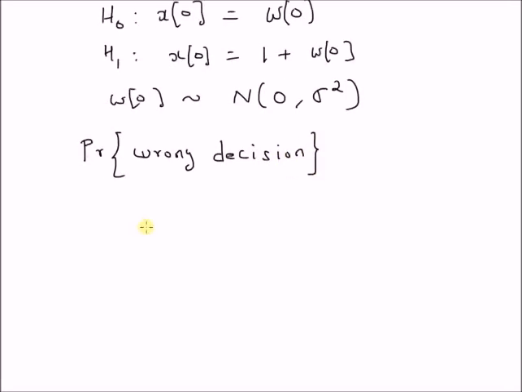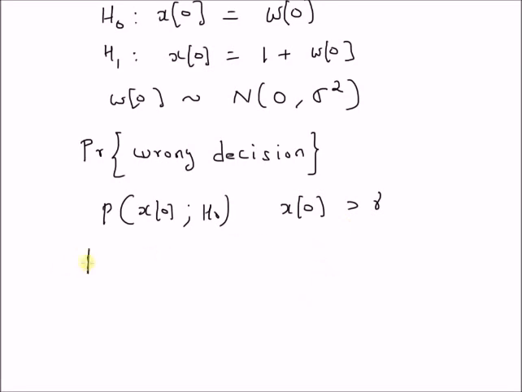The probability of wrong decision can be defined as follows. The observation originally comes from the probability distribution of x of 0 under H0, that is, under the null hypothesis. However, the observation x of 0 may exceed a threshold gamma, after which we decide that the observation belongs to alternate hypothesis H1.